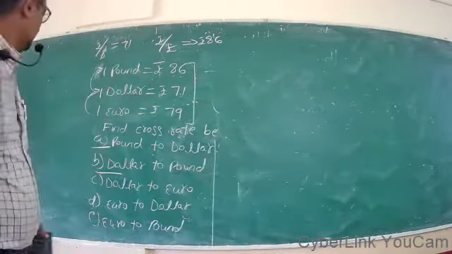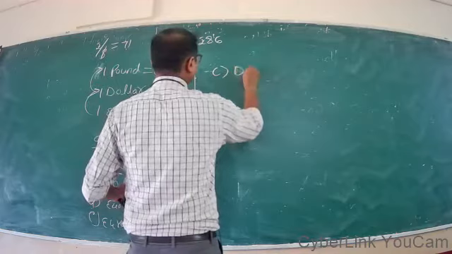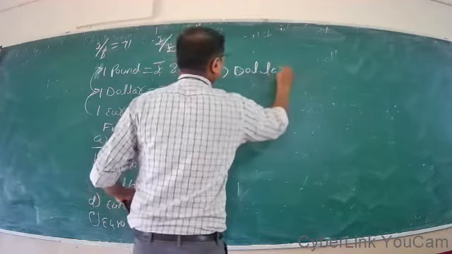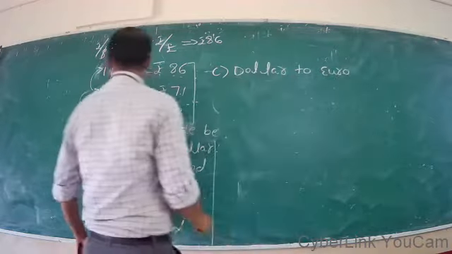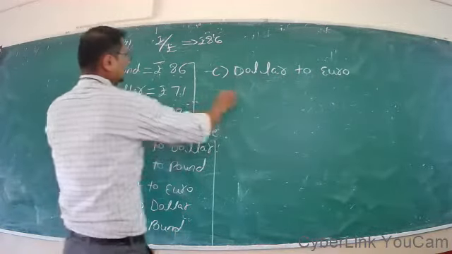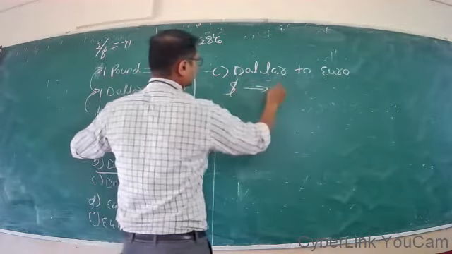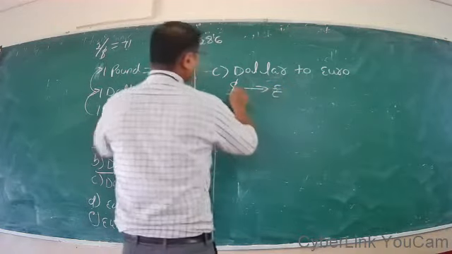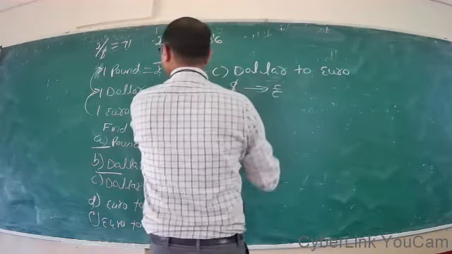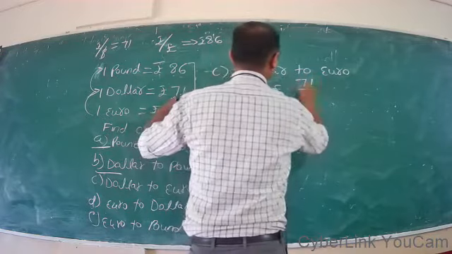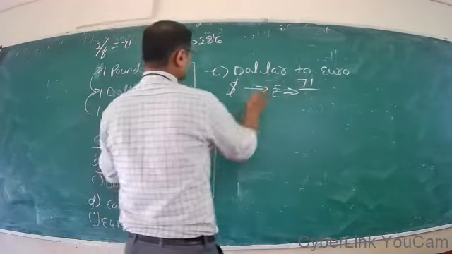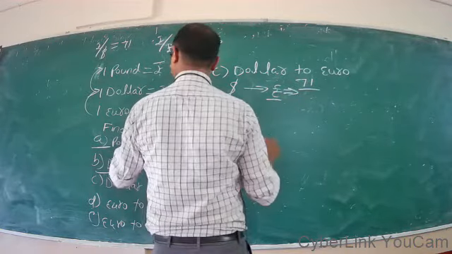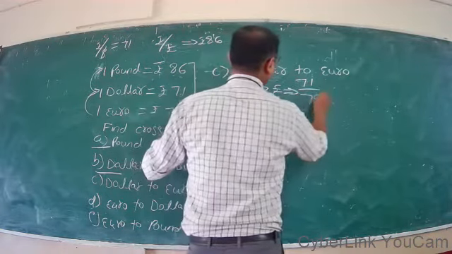Now question number C, they are asking dollar to euro. That means the first currency is dollar, it becomes the numerator, 71, divided by euro, the second currency, so it becomes the denominator, 79.